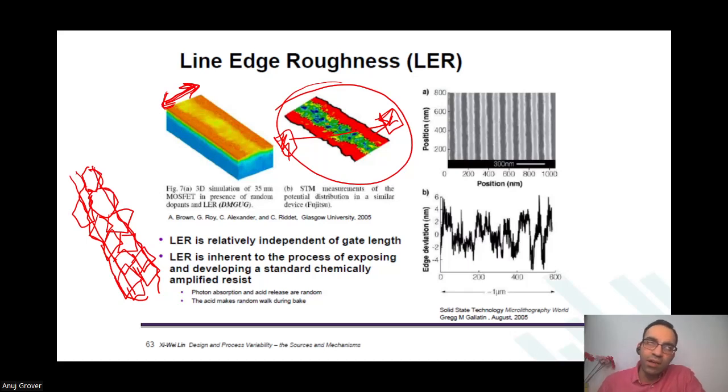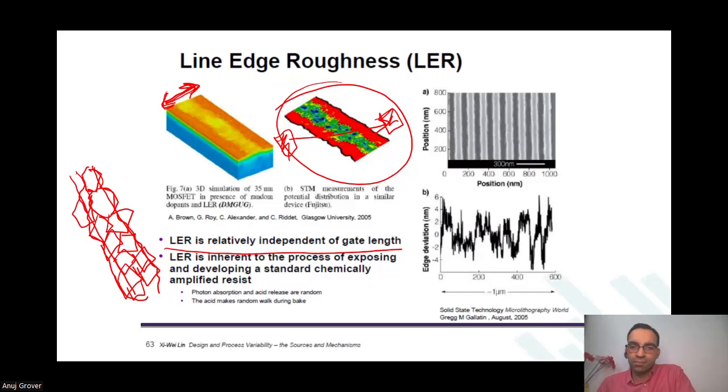Whether it is 1 micron length or 65 nanometer length, the variation will always be plus minus 3 nanometers. That is what this statement means. It is not a percentage variation.